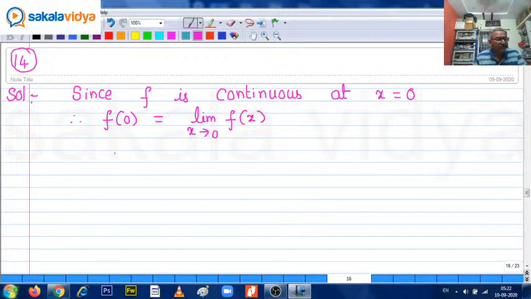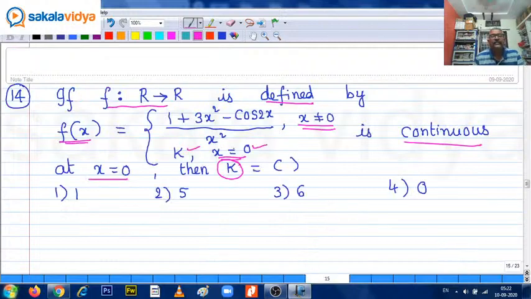So f of 0 is given. See, when x is equal to 0, f of 0 is equal to k, as given.